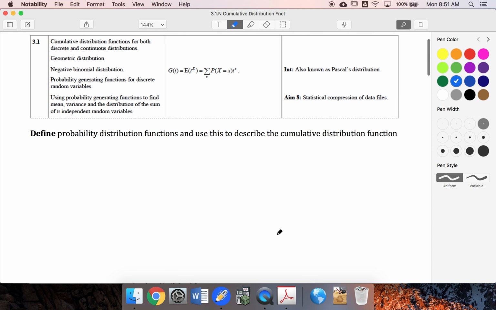So we want to define probability distribution functions, and so we can think of having a probability density function, which is always positive.